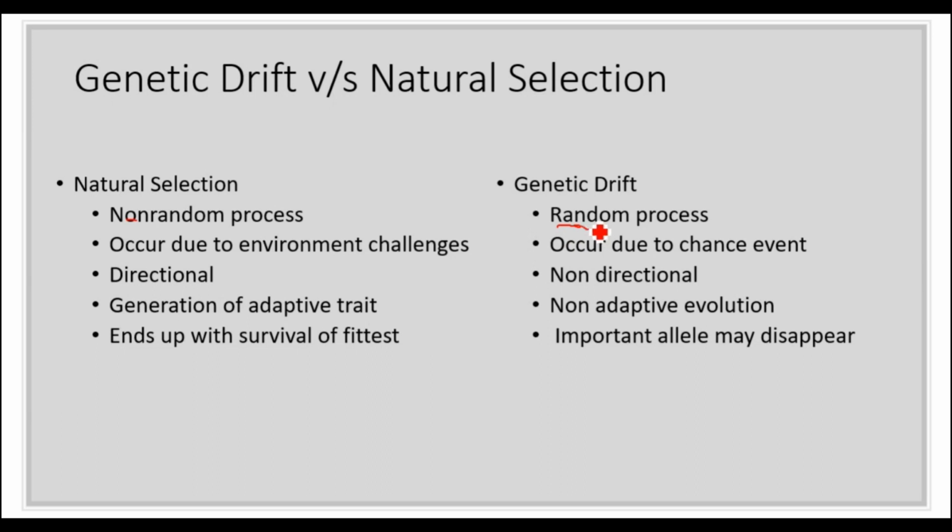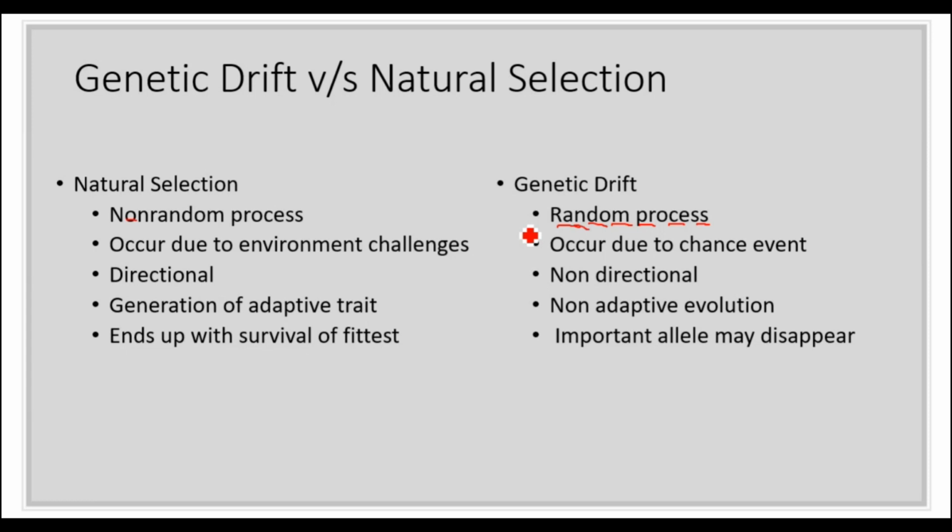Any allele can survive after the environmental event or any natural catastrophe. Natural selection occurs due to environmental challenges. Within an environmental event, only those alleles will survive which can resist the environmental challenge. While genetic drift is a chance event.